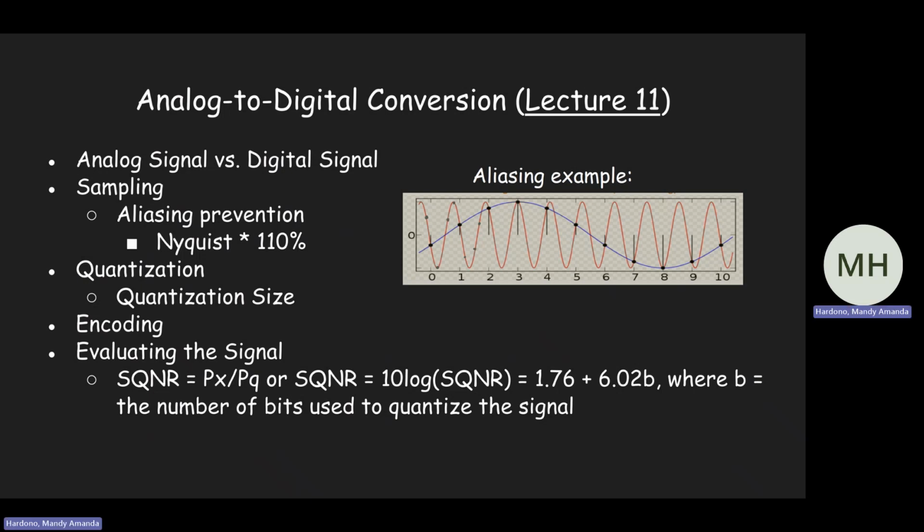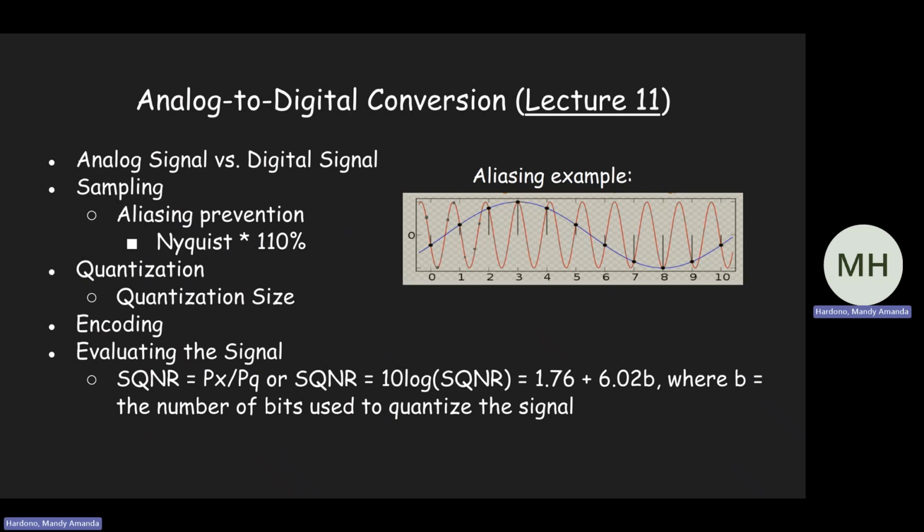We know that a higher sampling rate leads to a better digital signal that is more accurate to the original analog signal.